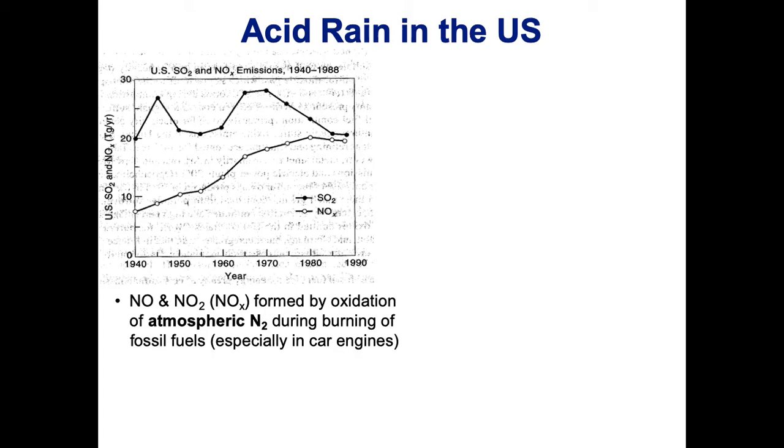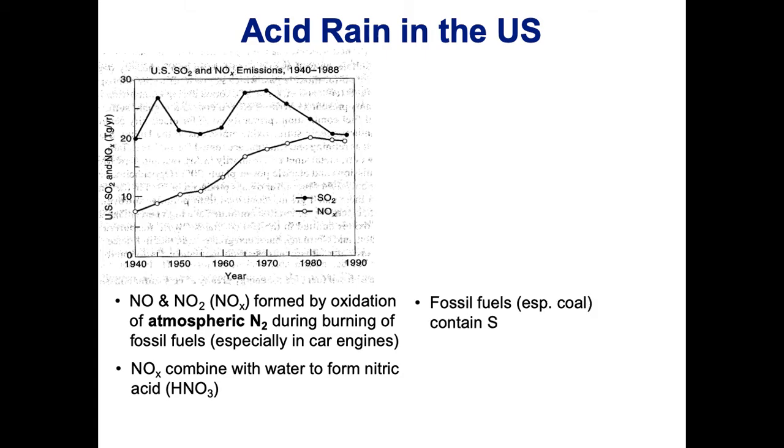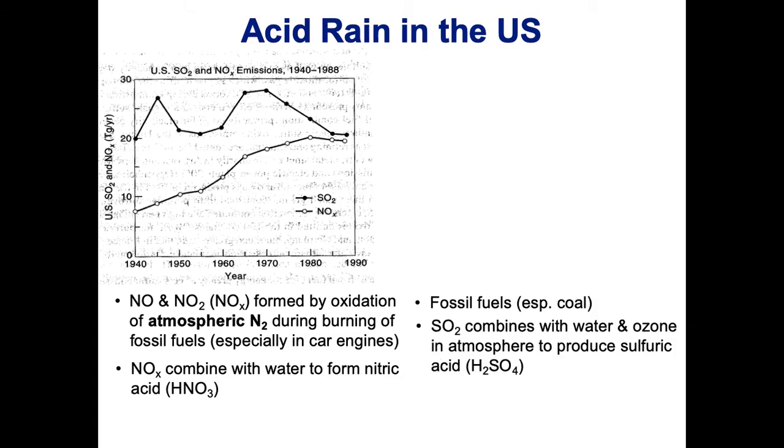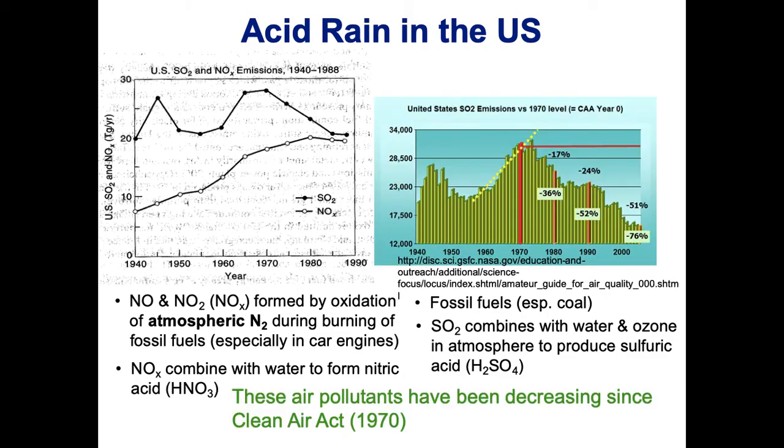This happens in car engines as well, so not just in factories. And we said it makes an acid when it combines with water. Sulfur comes primarily from fossil fuels, especially coal, and sulfuric acid is created when sulfur dioxide combines with water.